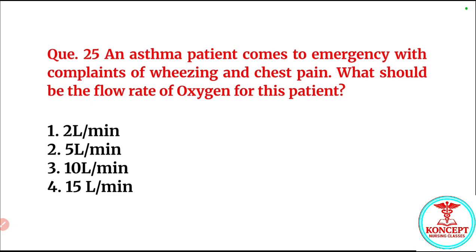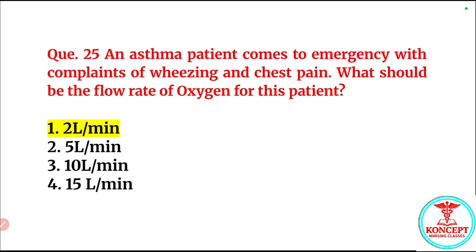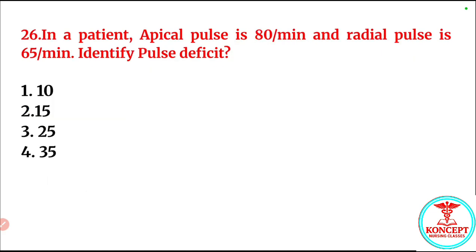Next, an asthma patient comes to emergency with complaints of wheezing and chest pain. What should be the flow rate of oxygen for this patient? Correct answer is option 1, 2 liter per minute. Next, in a patient, apical pulse is 80 per minute and radial pulse is 65 per minute. Identify pulse deficit. Correct answer is option 2, 15.